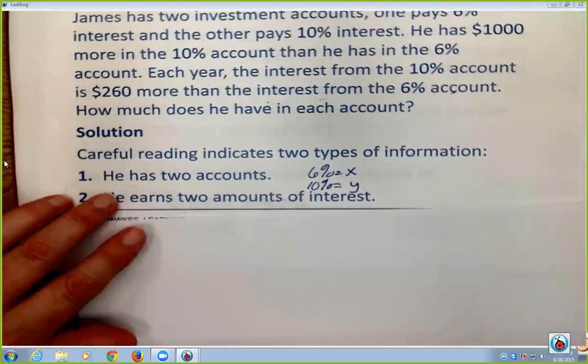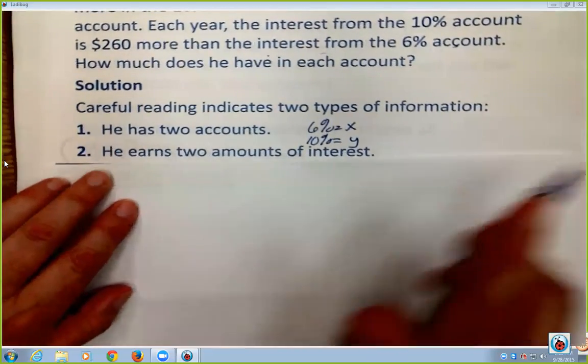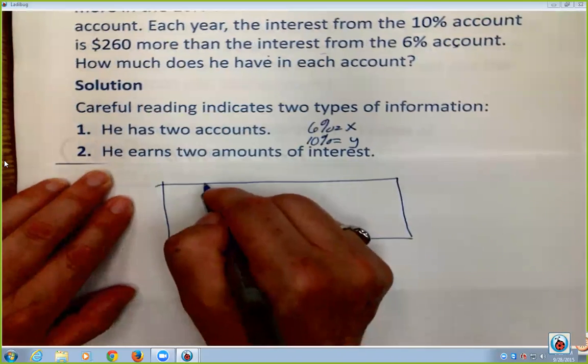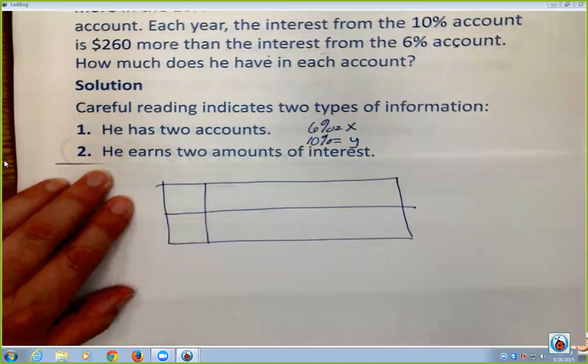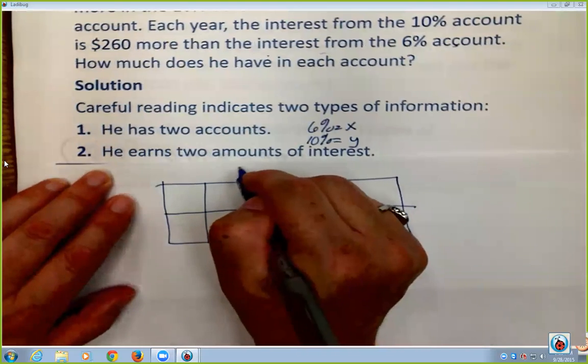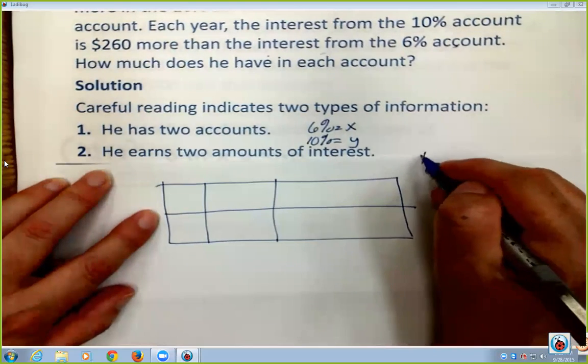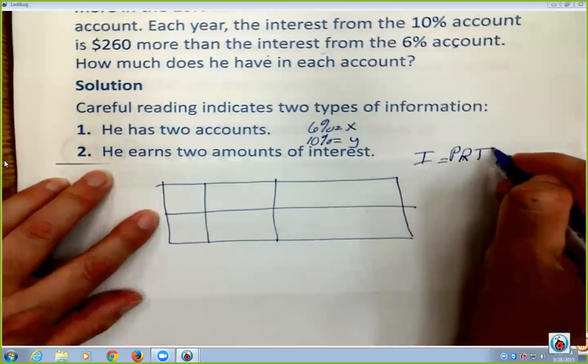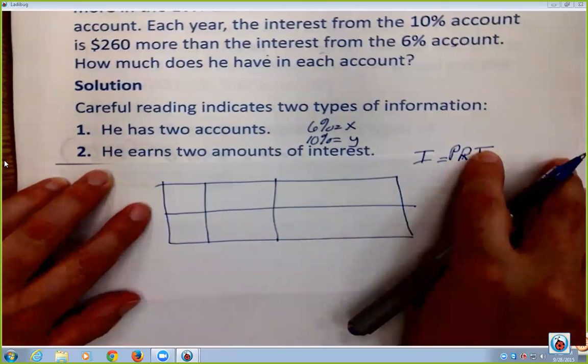If we chart this, what information do I have? Well, within a chart, we know there's 2 accounts. We have an interest rate, and our interest is equal to the principal times the rate times the time is what that happens to equal.